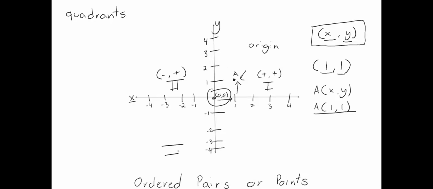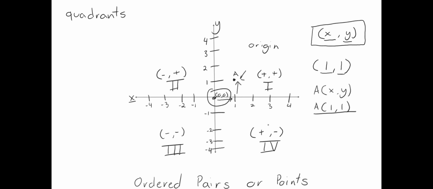Quadrant 3 ends up being both negatives, because we're moving to the left due to the x-axis, and then we're moving down because of the y-axis. So this one is negative, negative. Lastly, quadrant 4: you move to the right because the x-axis is first, and then we move down to get to this quadrant.